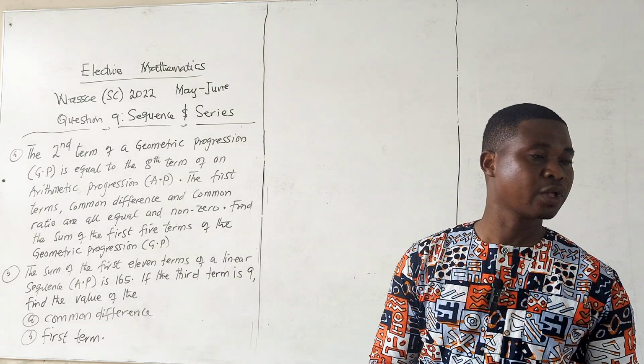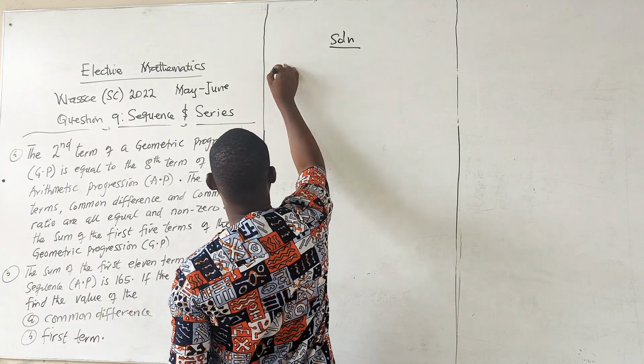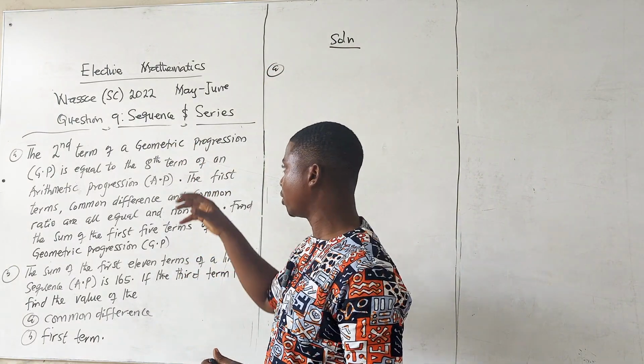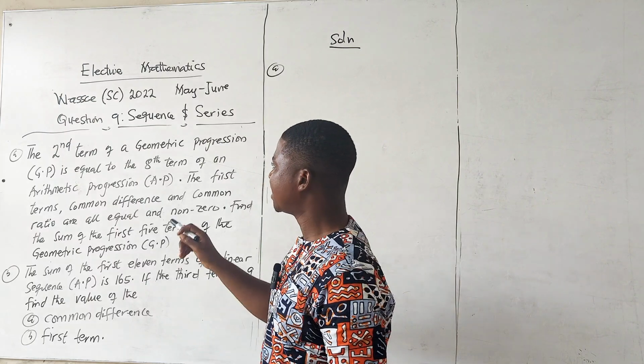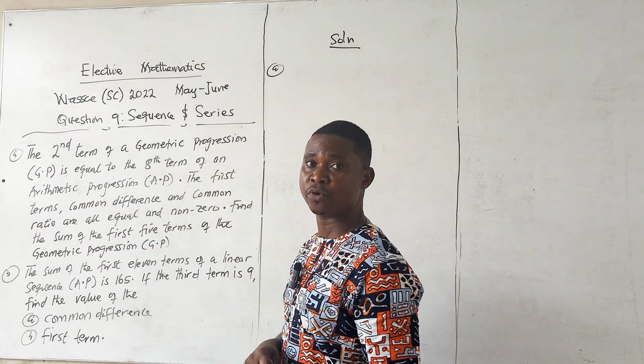So let's go straight to the first question, A. With our A, we need to get the various terms that we need to work with. It says the second term of a geometric progression.